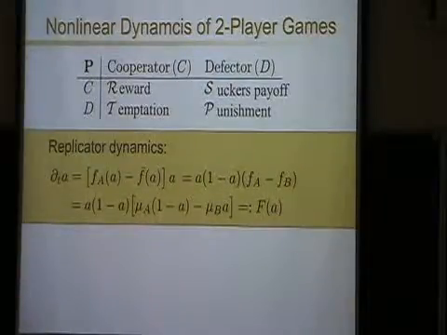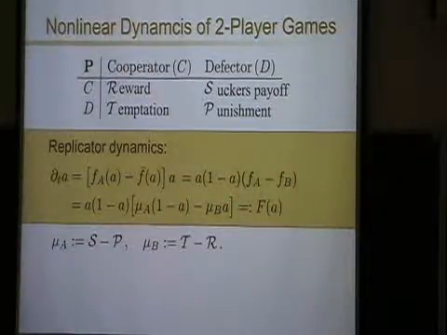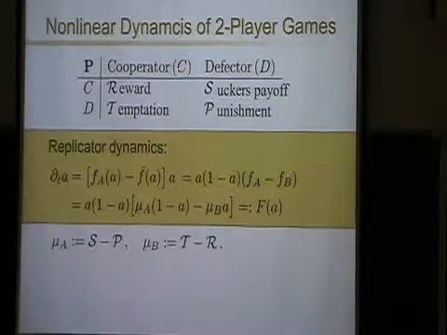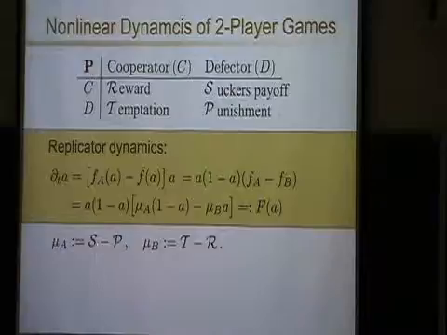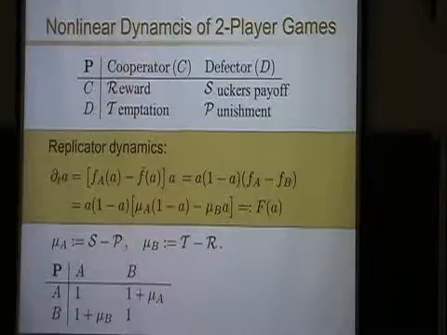And then you find this expression where the quantities mu A and mu B are now defined in terms of the entries of this payoff matrix. Mu A is S minus P and mu B is P minus R. And if you put this in terms of a new payoff matrix, the meaning is as follows.